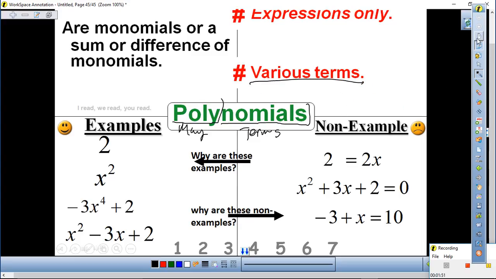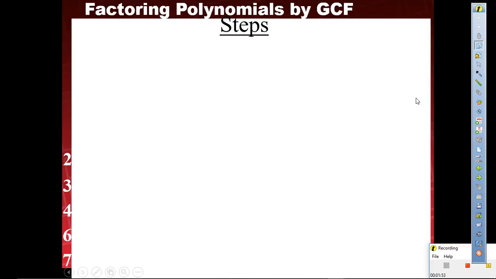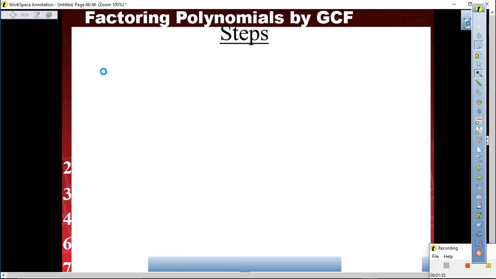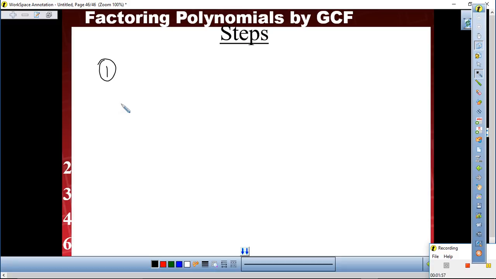All right. So, steps. Number 1. What is our first step? Let's think back to last week when we started factoring polynomials. The very first thing we should do is, Ivan?